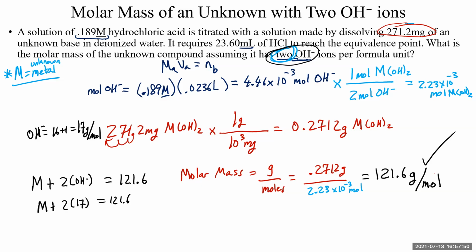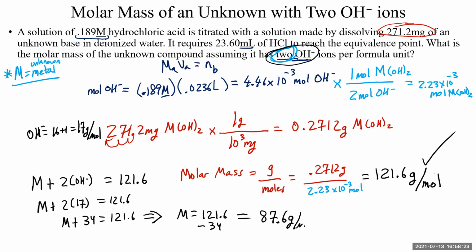So M, our unknown metal's molar mass, or atomic weight, I should say, plus 34 equals 121.6. Therefore, M equals 121.6 minus 34, which is going to equal 87.6 grams per mole.